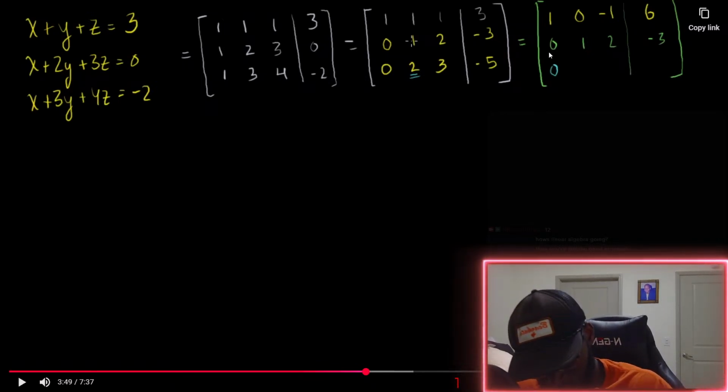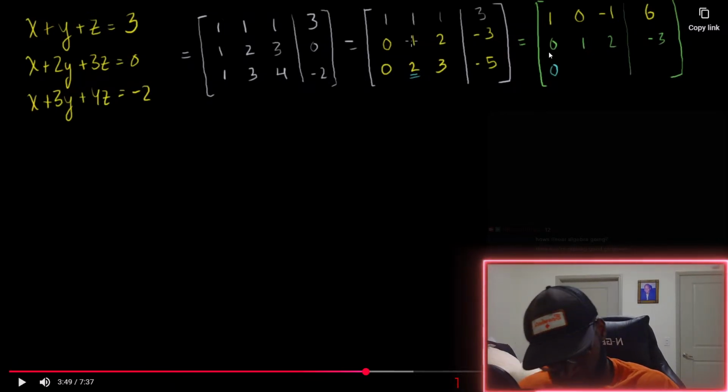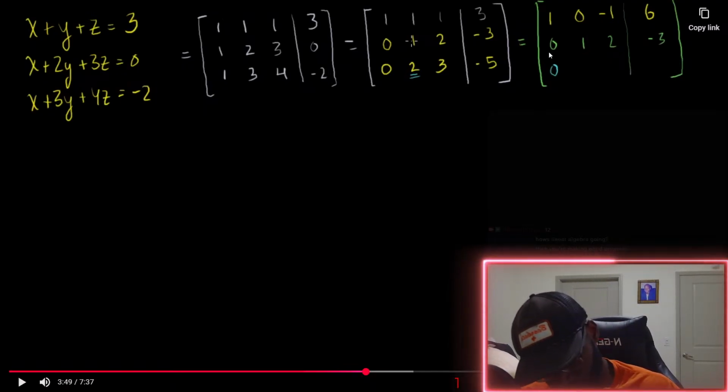That's 6. Okay. Now we need to get the negative 1 to 0. We get the 2 to 0 first. This will be 0, 0, 1, negative 1, 1, 0, negative 1, 6.